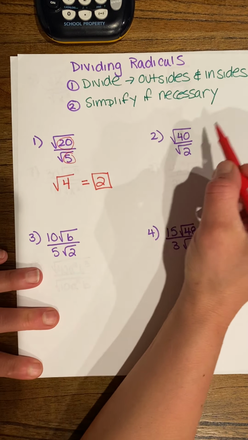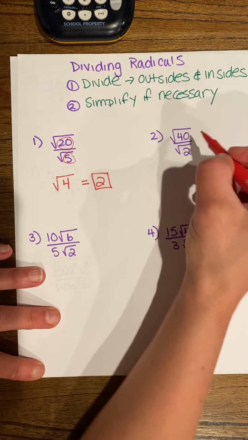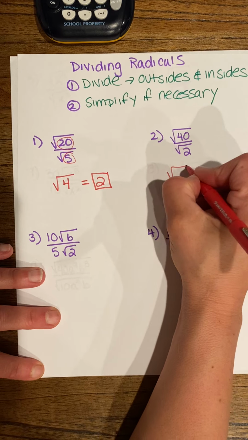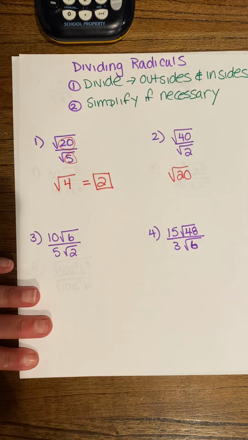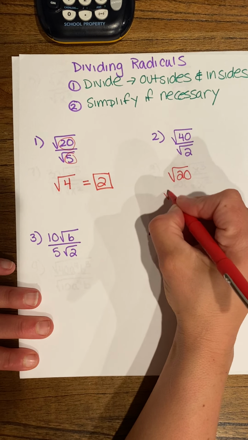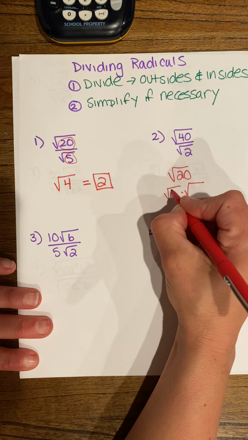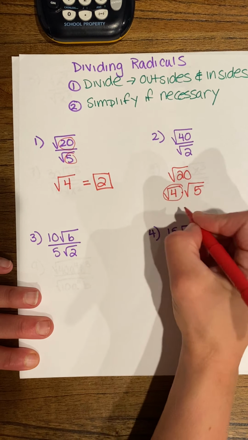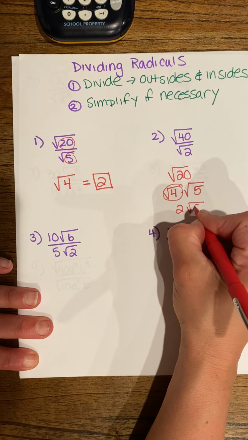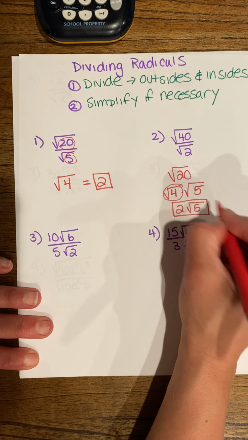Same thing here. Rad divided by a rad, divide the numbers on the inside and you get rad 20. But again, you're not done because rad 20 can be broken down into 4 times 5. And we just saw the square root of 4 is 2. So my final answer is 2 rad 5.